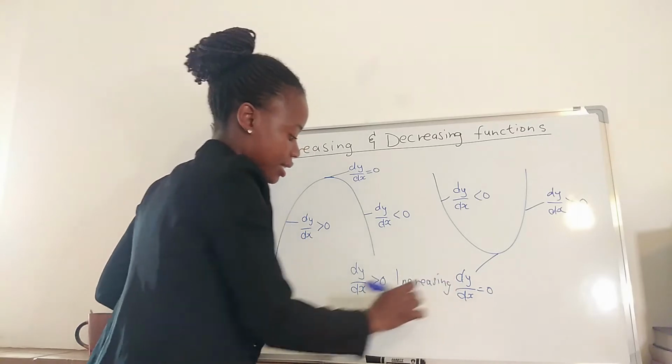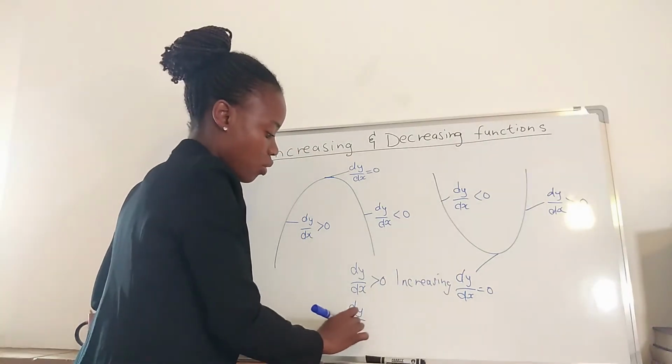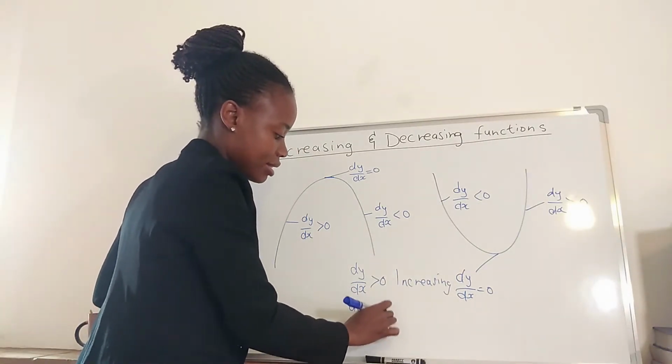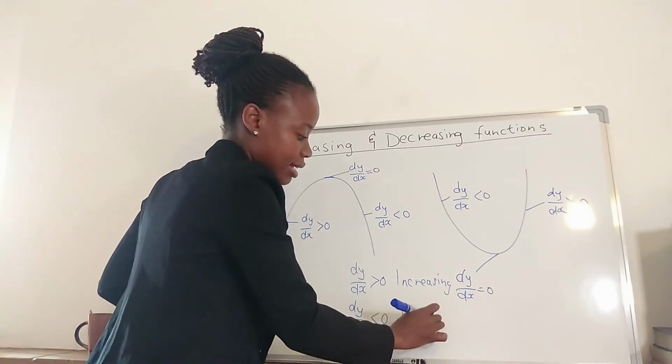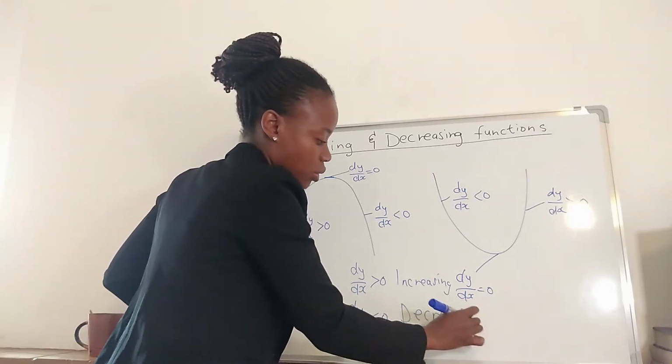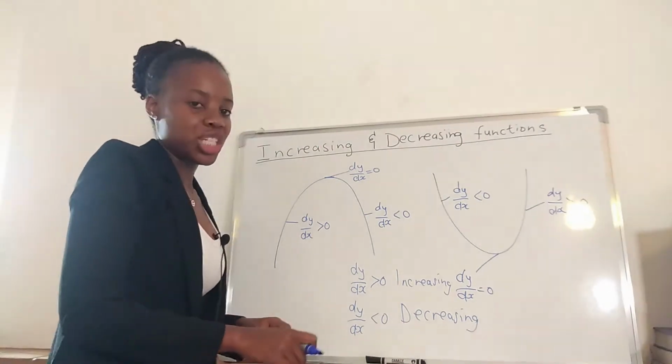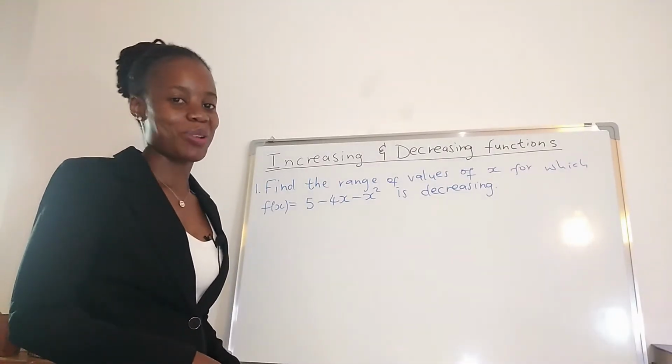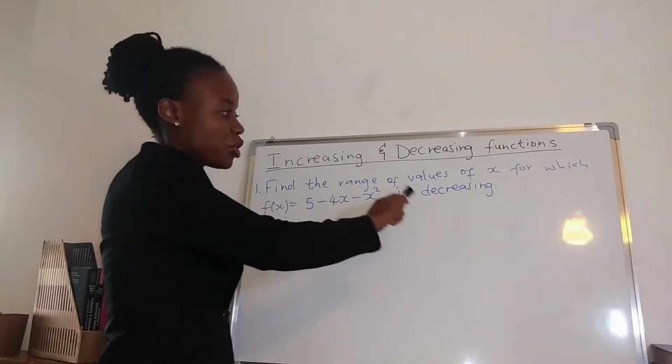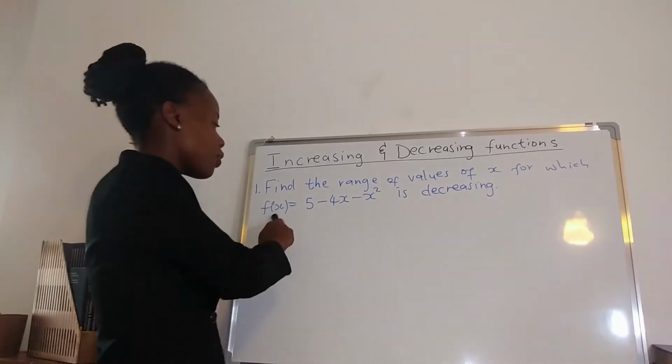And if dy over dx is less than 0, it means that it's a decreasing function, or is decreasing at that point.